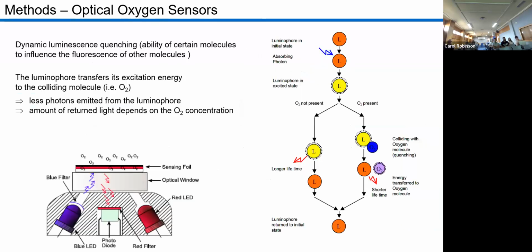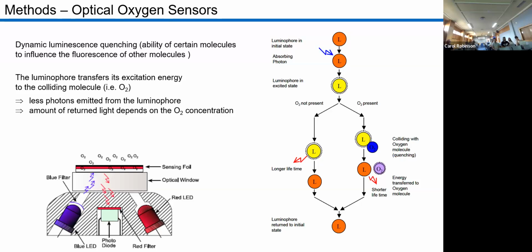And the last method: the optical oxygen sensors are based on this principle of luminescence quenching. It's the ability of certain molecules to influence the fluorescence of other molecules. In this case, the oxygen is able to influence the fluorescence of a luminophore. So in the sensing foil, you have a luminophore. It absorbs a photon emitted by the sensor and gets into an excited state.